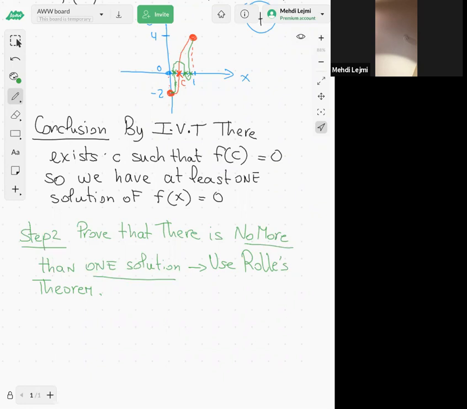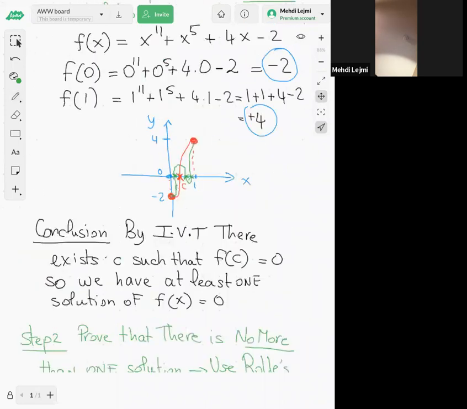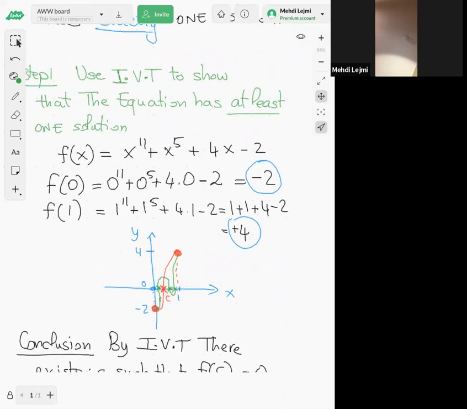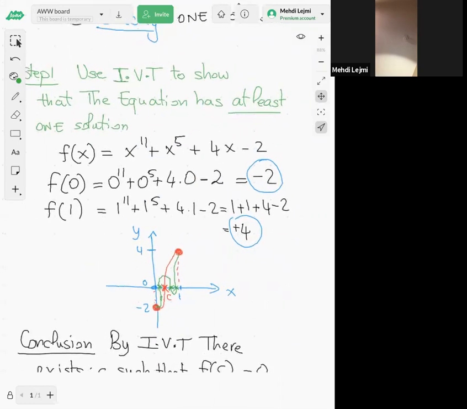So when you say, guys, no more than one solution, it means it could be 0. You could have no solution, 0 solution, or 1 solution, right? But then you see later when you combine the first step and the second step. On one hand, the first step says there is at least one solution, so you could have 1 or 2 or more solutions.